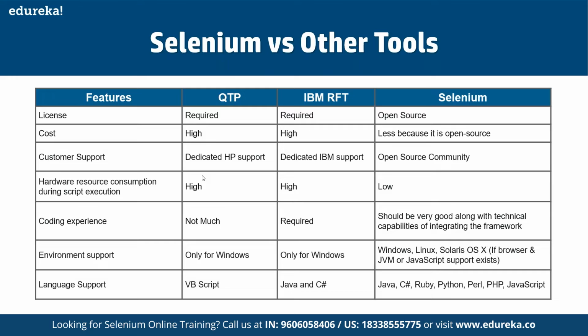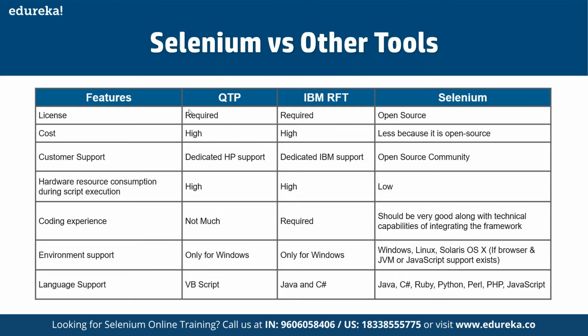All right. And then in terms of coding experience, no coding experience is required here. Whereas in terms of environment support, IBM and QTP both support only Windows, whereas Selenium is platform independent. It supports any platform. That means we can code on one platform and execute the code on other platforms as well.